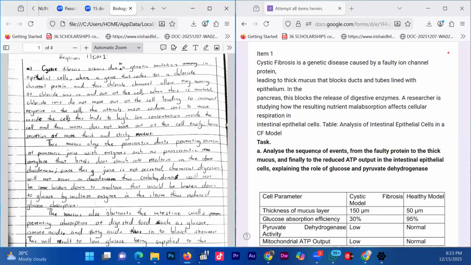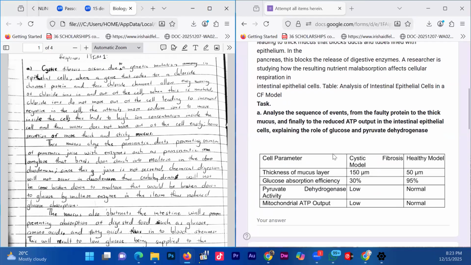The table shows the analysis of the epithelial cells. So the task here: analyze the sequence of events from the faulty protein to the thick mucus, and finally to the reduced ATP output in the intestinal epithelial cells, explaining the role of glucose and pyruvate dehydrogenase.